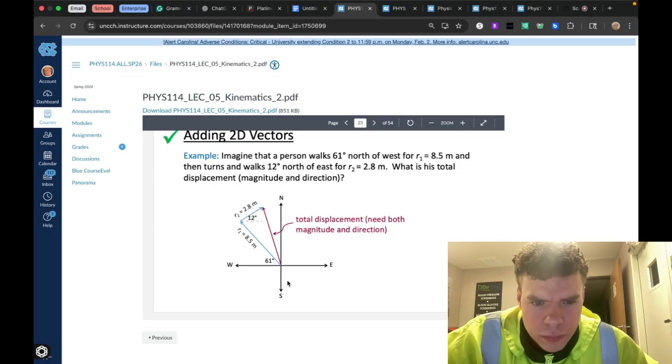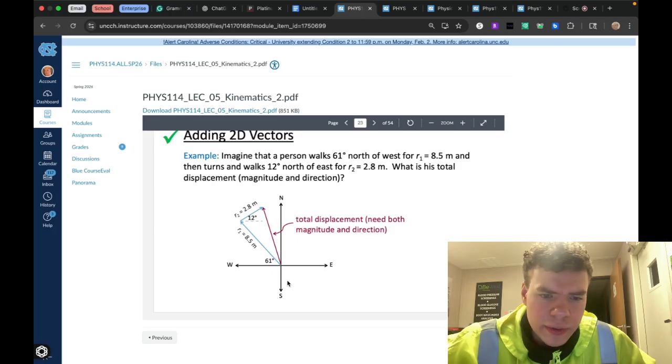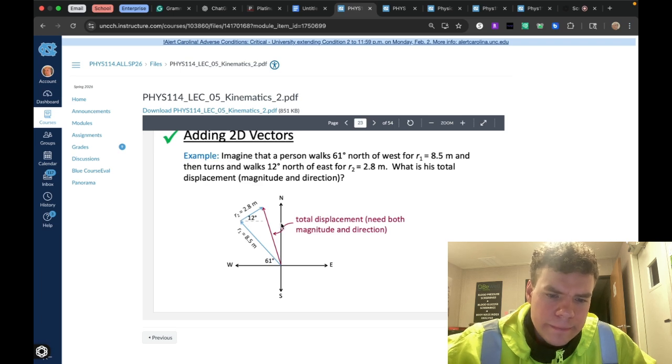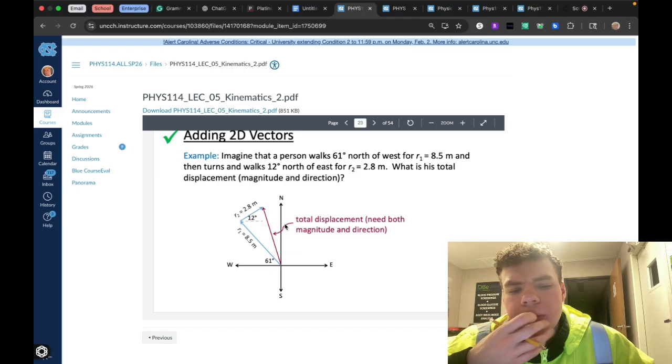And now it looks like we have another triangle that's asking us to solve for. So we have a 12-degree angle from right here. So we need to solve for another triangle here.